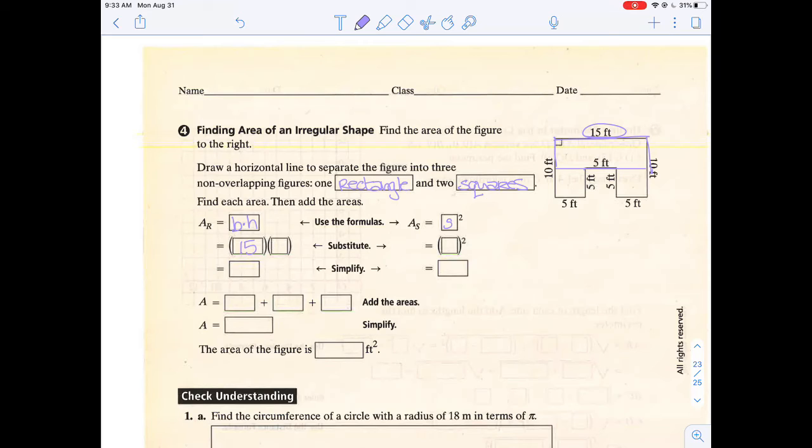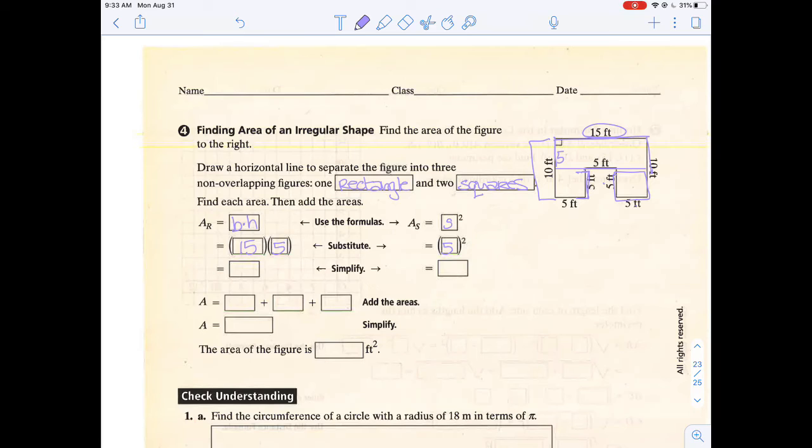Okay, then we need the height. Well, we know this whole side is 10, but this piece that we cut off is 5. So that means this side over here is 5. And then these squares we know are 5 feet by 5 feet, so it's going to be 5 squared.